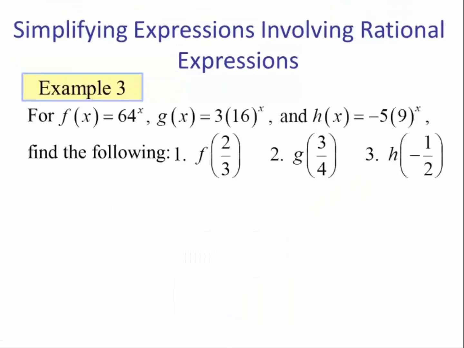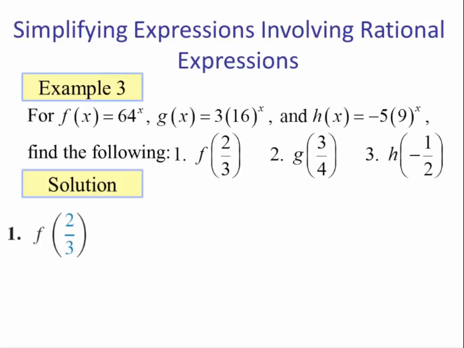Example 3. For f of x equals 64 to the x power, g of x equals 3 times 16 to the x power, and h of x equals negative 5 times 9 to the x power. Find the following. Number 1, f of 2/3, 2, g of 3/4, and 3, h of negative 1/2.